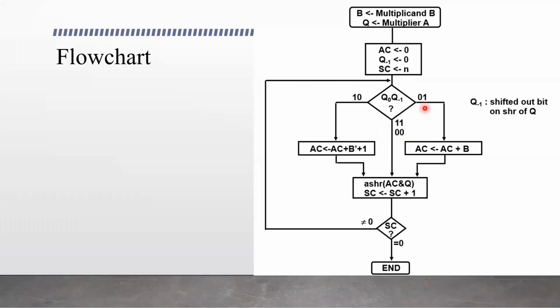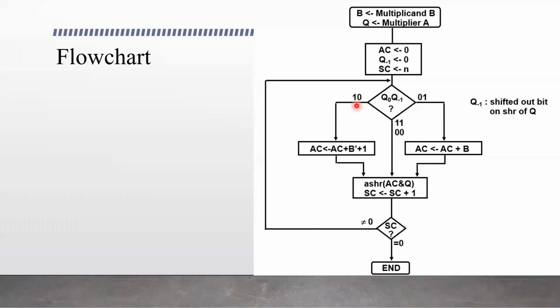In the first case, if it is 0, 1, what do we do? Upon encountering 0, we add. That is what the procedure says. So we add B, the multiplicand, to the partial product, and we store it in AC, the partial result register.